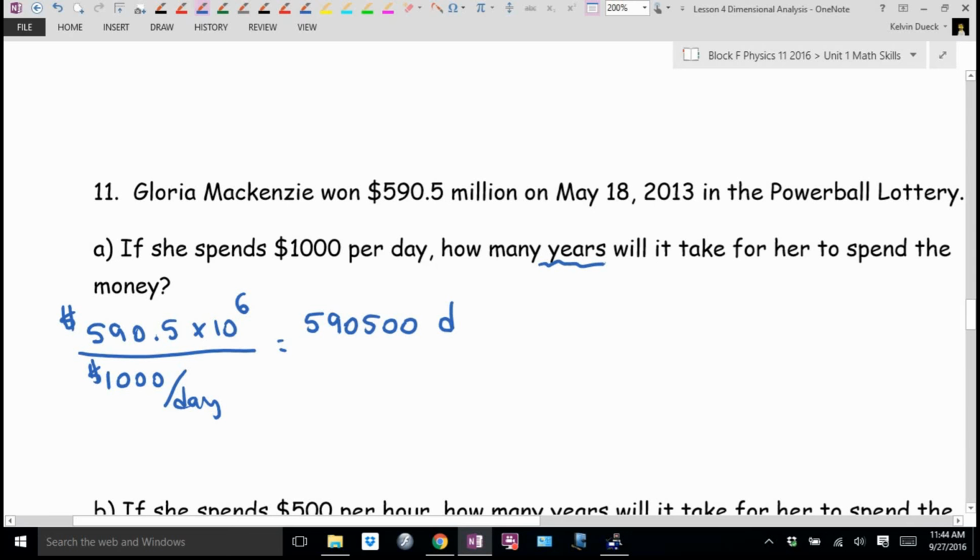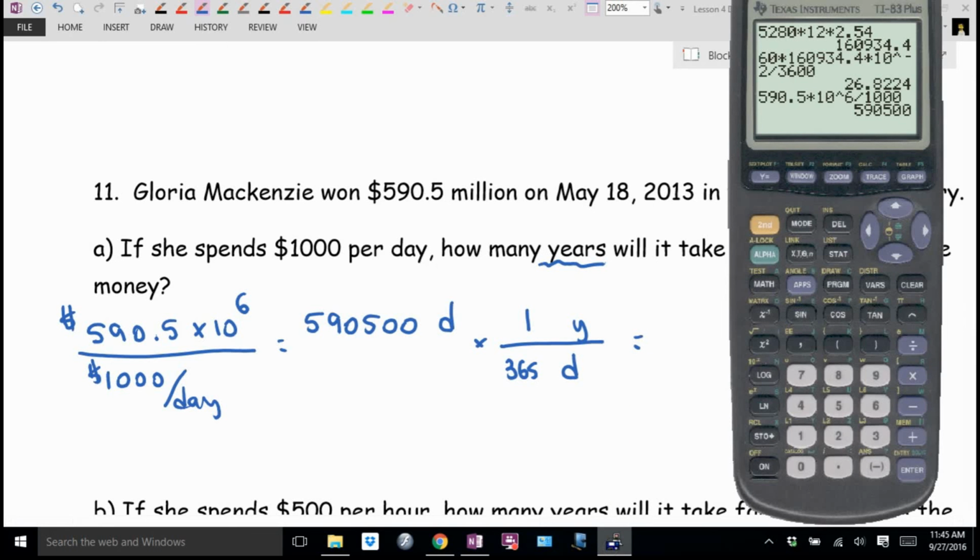Do we have a conversion factor to go from days to years? I'm going to put the days on the bottom, years on the top: 1 year over 365 days. Because that 365 is on the bottom, am I going to multiply it or divide it? That's what tells me. So divide by 365.